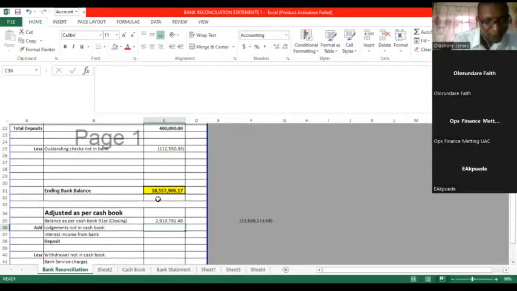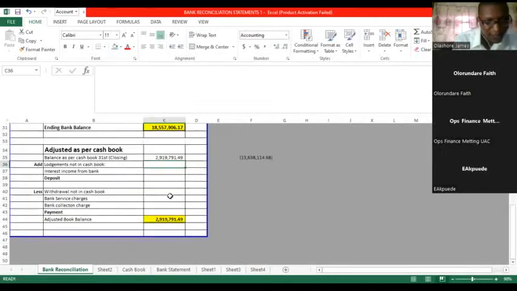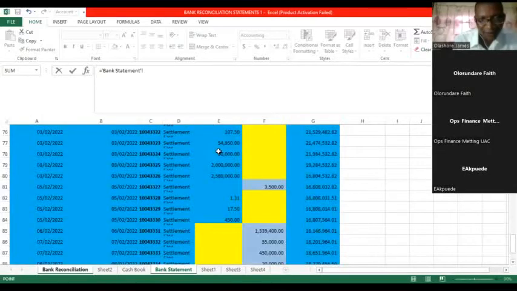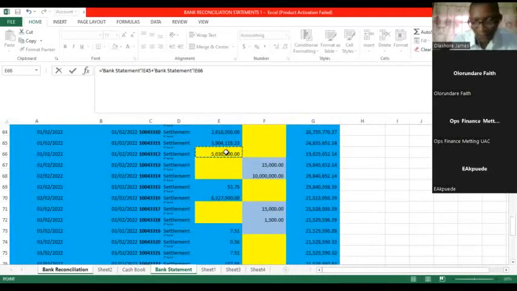So let's come to the other one. Withdrawal not in cash book. What are the withdrawals not in cash book? So we have this figure here. We have one, we have two.